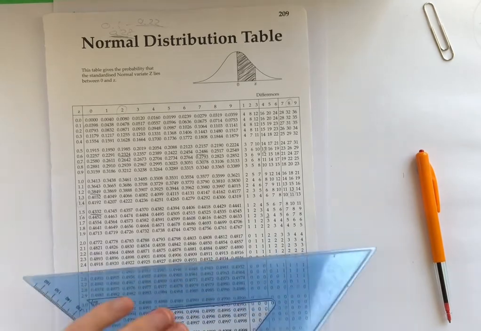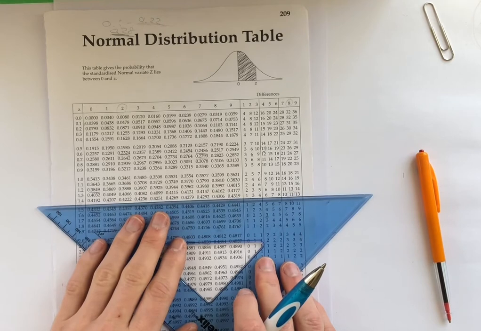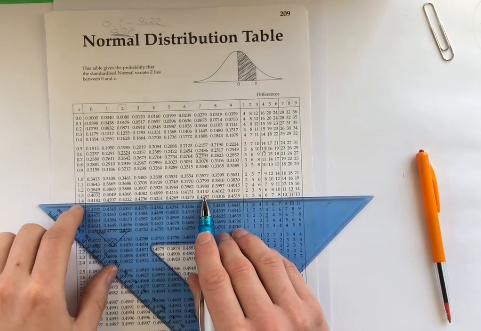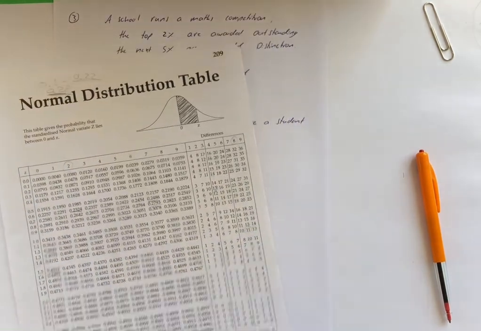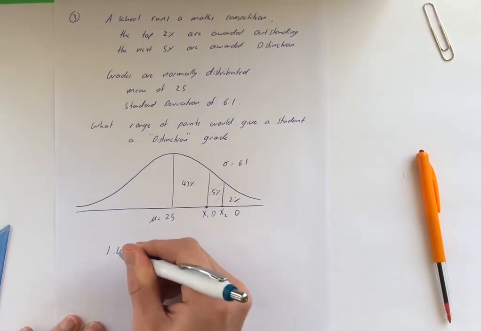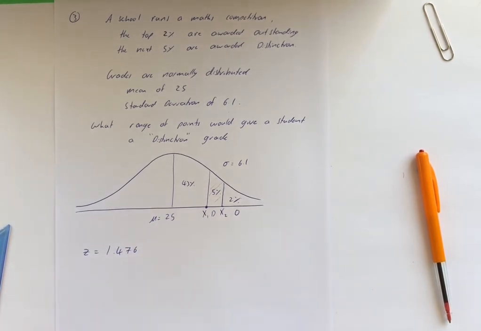I'm going to need to use a ruler there and remember that. So we're looking for 43, 1.476. That's how many standard deviations 43% are.